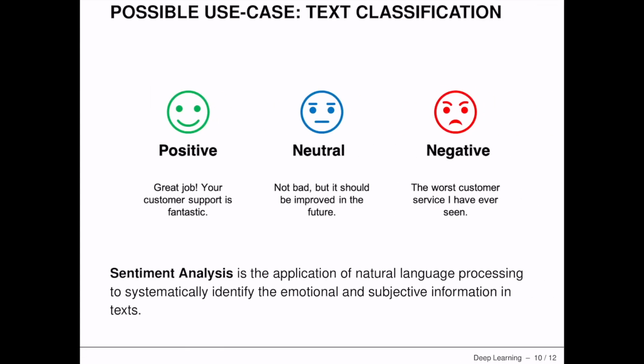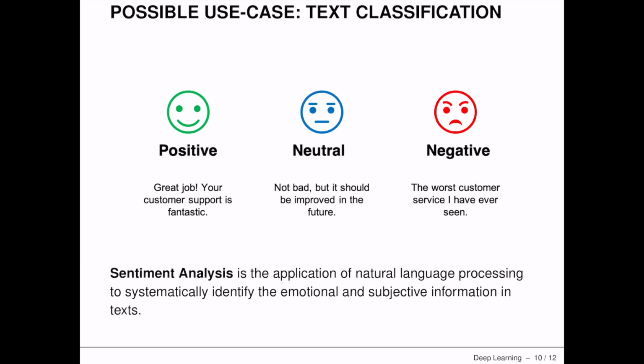A task that can be performed on text data is, for example, sentiment analysis. That is, given some text, identify what kind of emotion is behind this text. This could be useful, for example, for automatically classifying reviews for a product, a film, or so on.